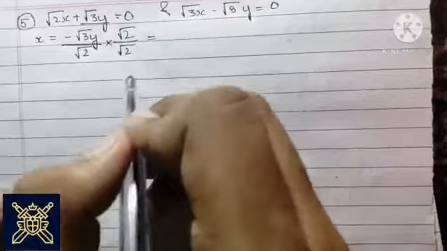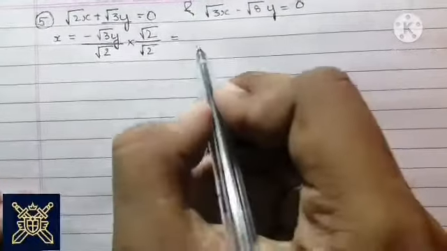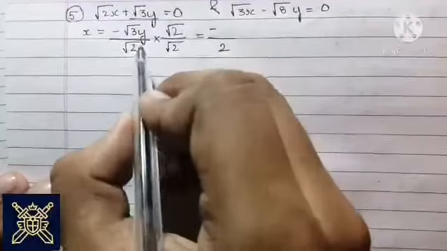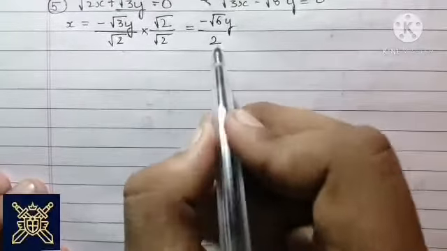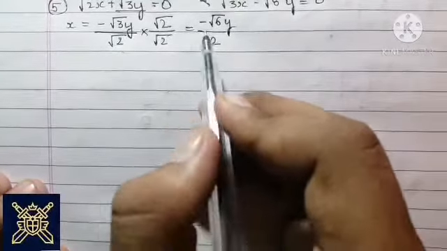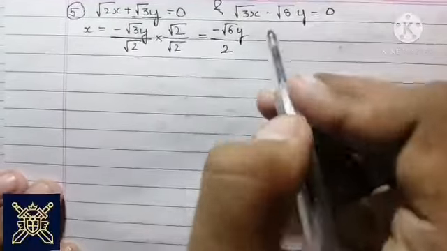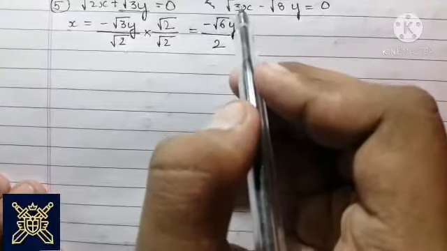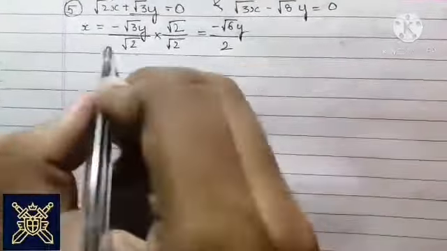However, this makes a change in the structural form. This can be written as root 2 into root 2 will give you a 2, and the minus sign will come first. Root 3 into root 2 will give you root 6y. So now you get a 2 as the denominator and you have minus root 6y by 2. So this is the value of x. Now we are going to put this value in the second equation. Here we have root 3 into the value of x.